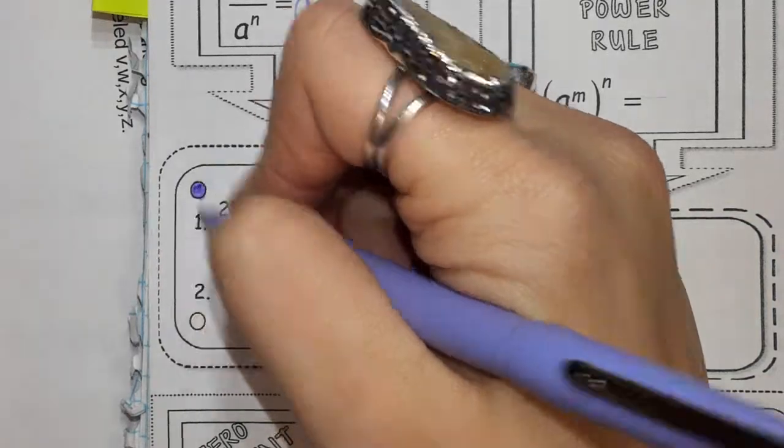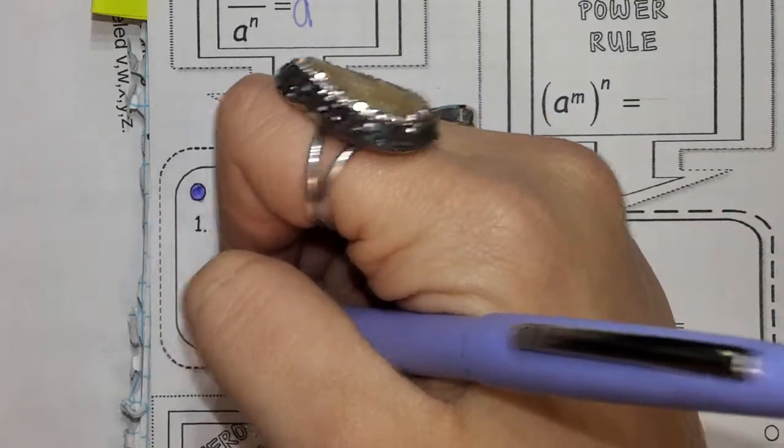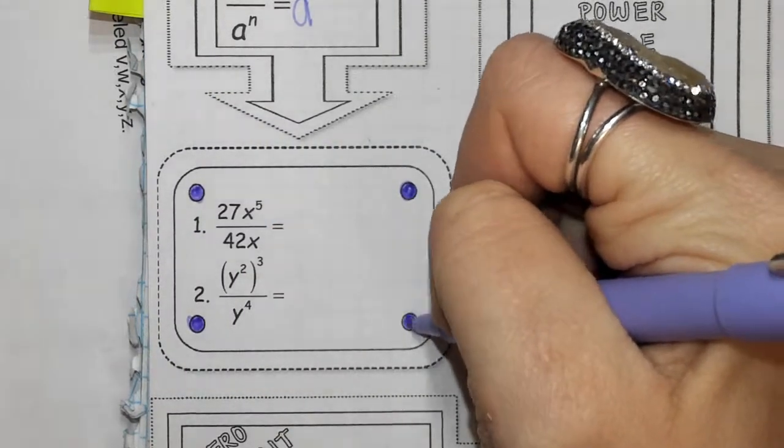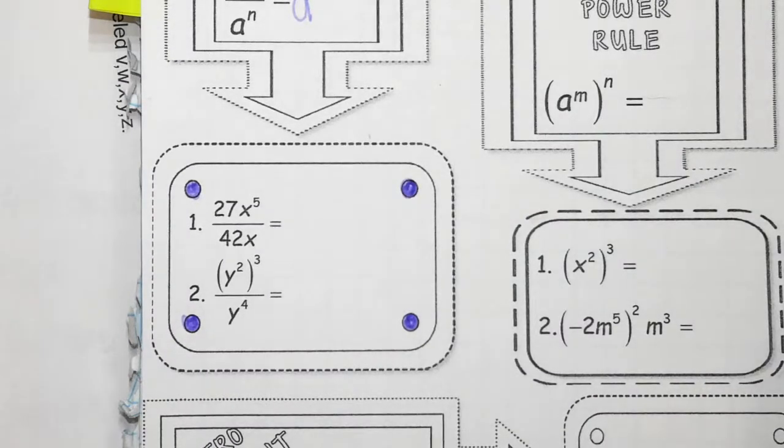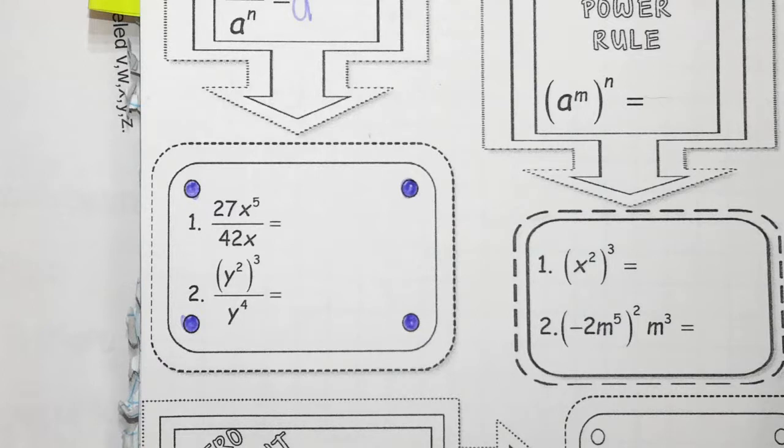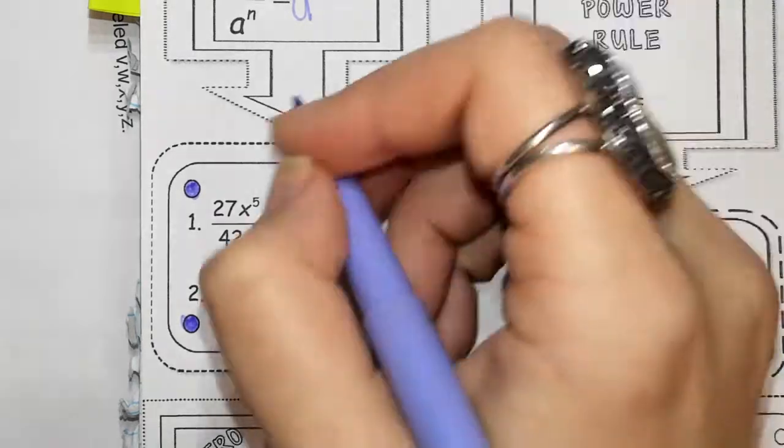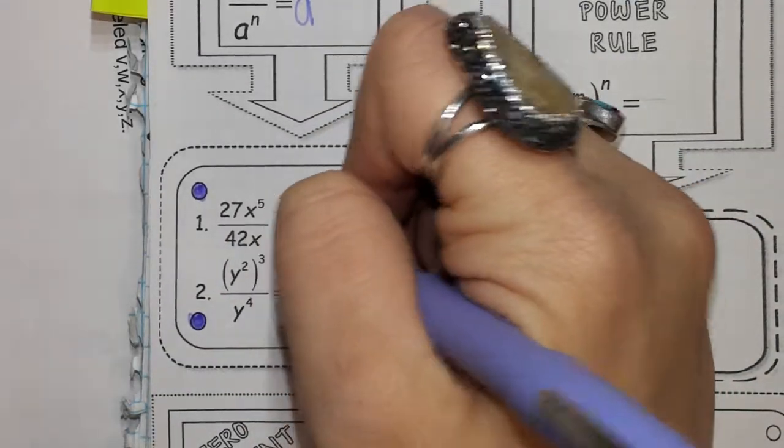So, what is 27 divided by 42? 9/14. All right, so that's 9/14.